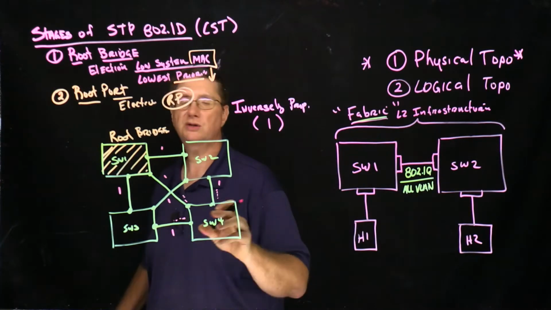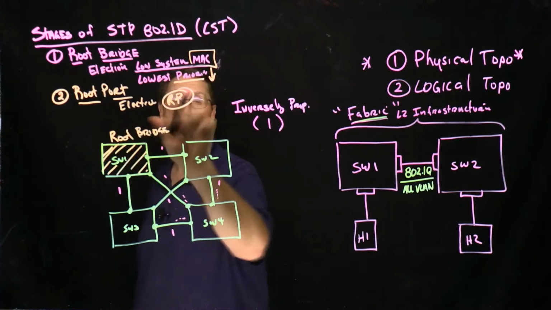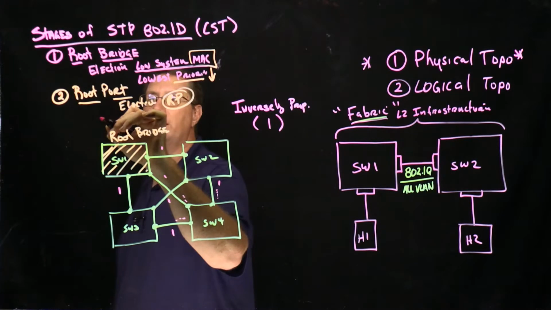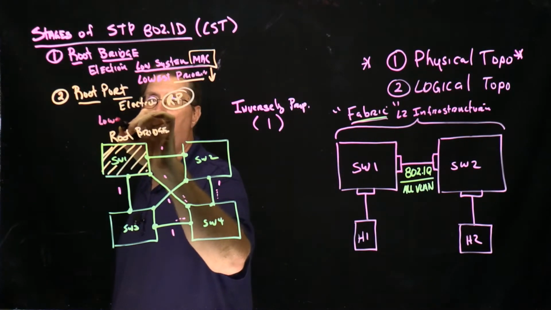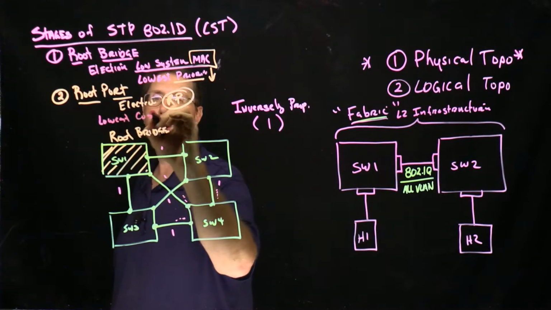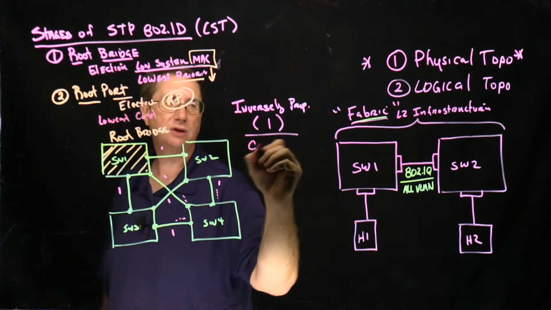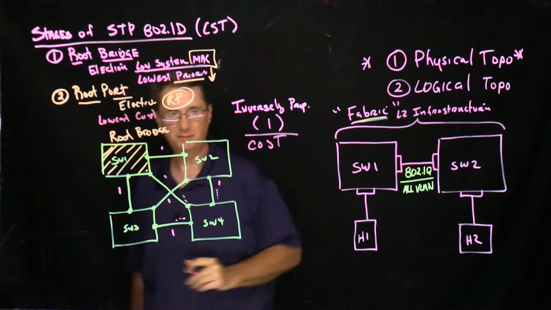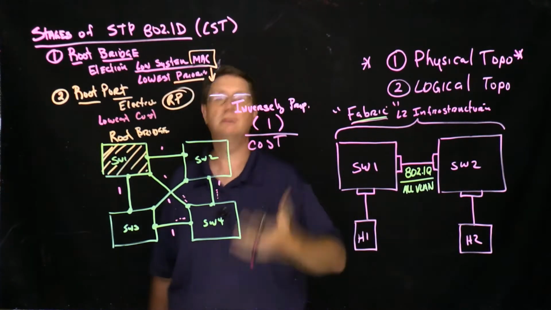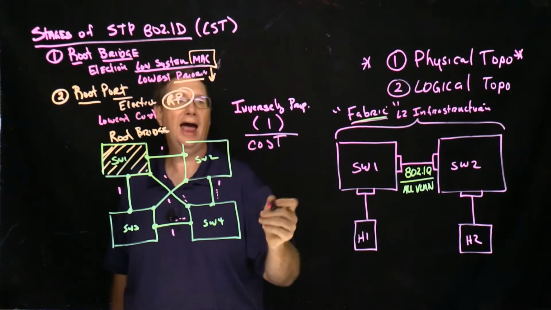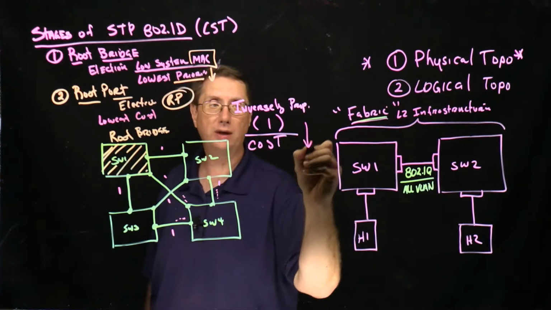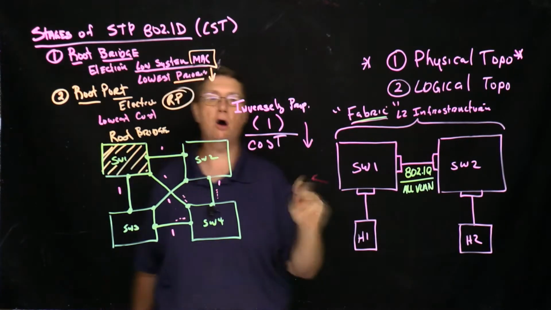Now the way this works is, during this root port election, I am going to select the root port based on a principle called the lowest cost, where this numeric value is called the cost of the link. So as you can see, the faster the link, the more likely I want to use it, and I'm going to base this on the lowest total cost because the cost is additive.